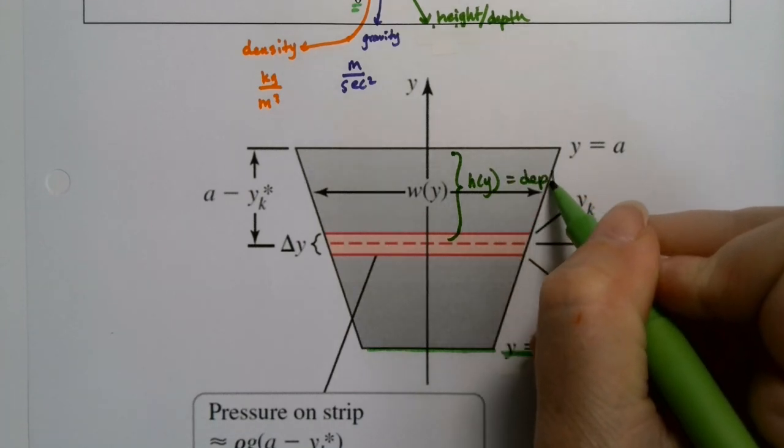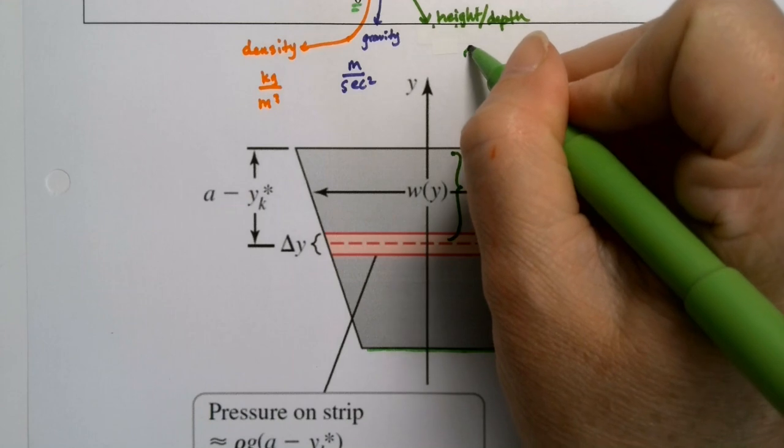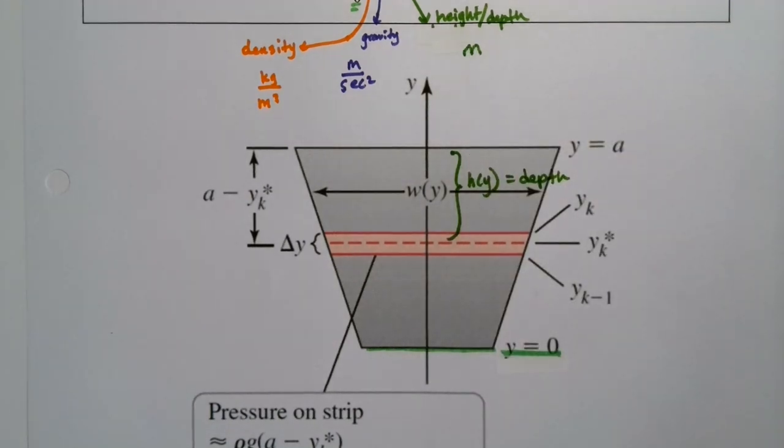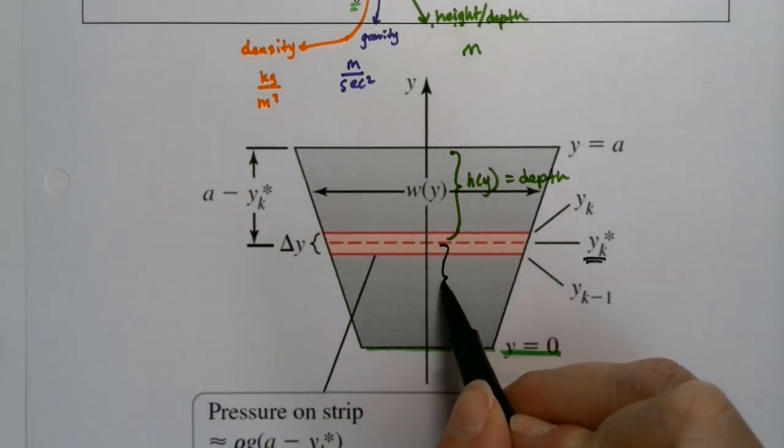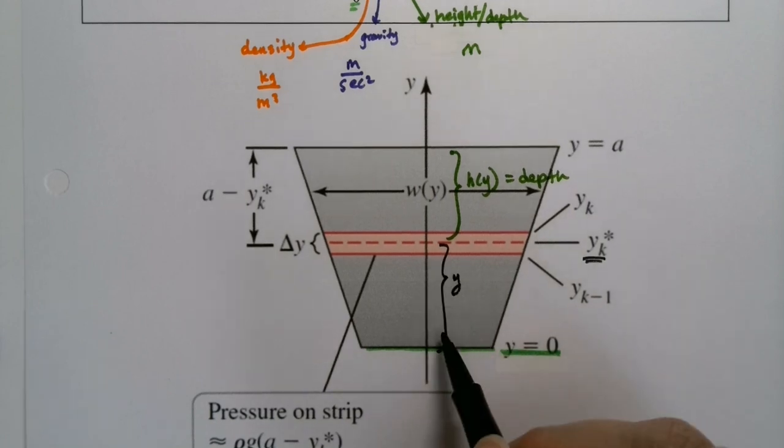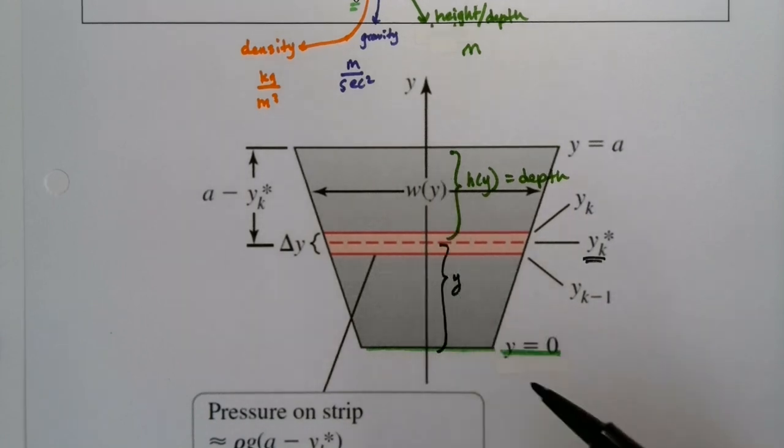And it's measured in meters, right? So that would be in meters. And then, of course, by the way, it's up at a height of y. We can even say that. So this, they tell us right over there, this is y, right there. So that's y, that's h of y, some function of depth.